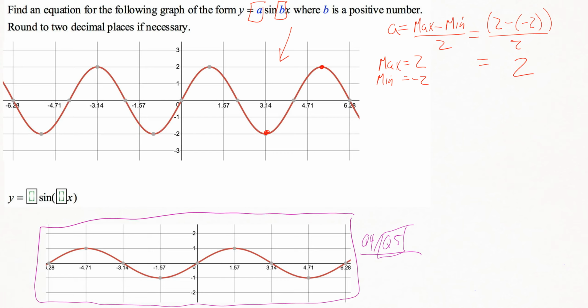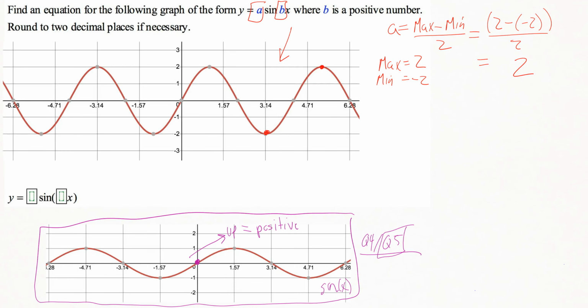This is the original sine graph without anything having been done to it. We look at where it hits the y-axis, and we can see that it should start by going up. So if our graph starts by going up, the a value would remain positive like we calculated.